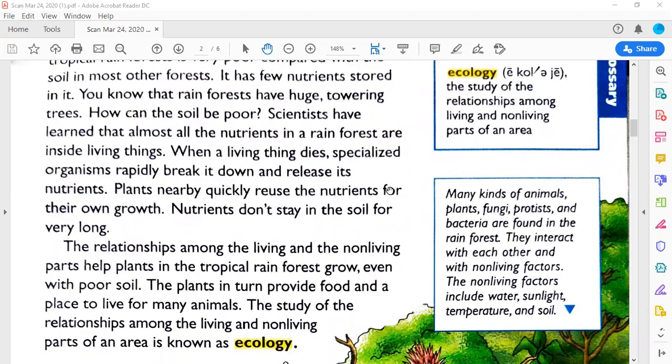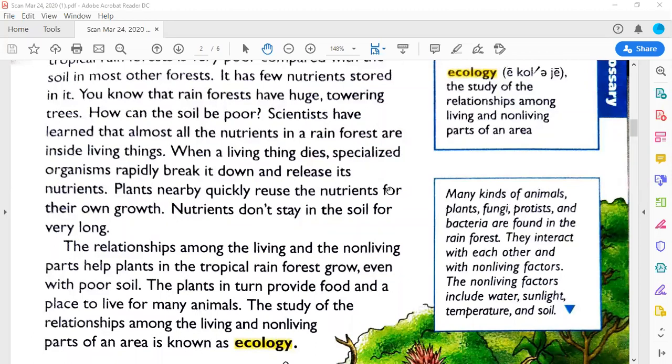Okay, so you may already know that there are some decomposers in an ecosystem. For that reason, when an organism dies, these decomposers break it down and release all its nutrients. Let's say, for example, a tree has died in the forest. These decomposers start to break it down until this dead organism releases its nutrients.